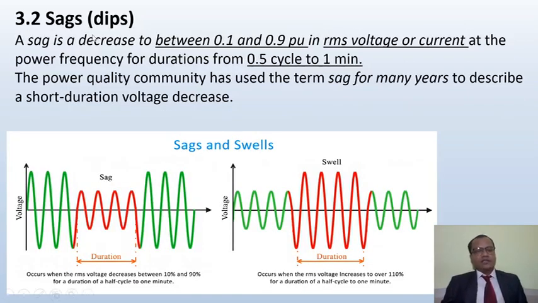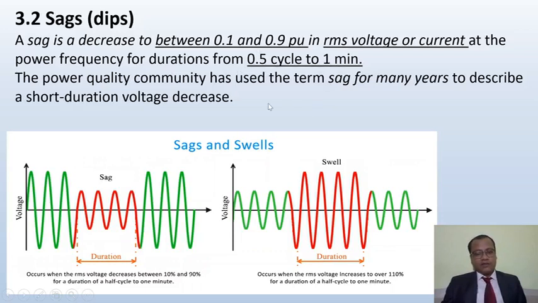Now next is voltage sag, also called dips. A voltage sag is a decrease of the RMS value of voltage between 0.1 to 0.9 per unit at the power frequency for a duration from 0.5 cycle to 1 minute.